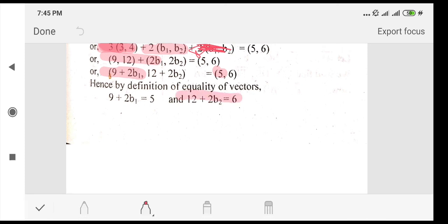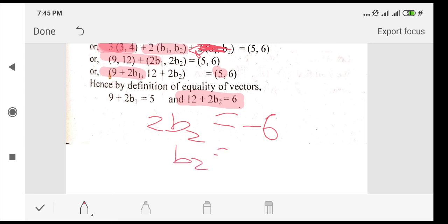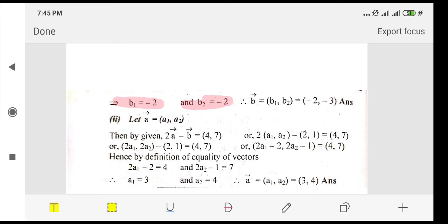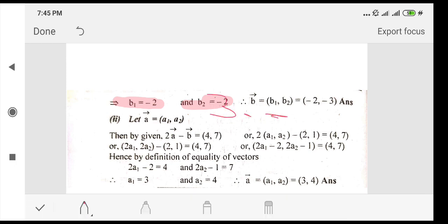If you calculate from here, 2b2 will be equal to 6 minus 12, which is -6. So b2 will be equal to -3. Okay, fine. Let me correct it. So b2 will be equal to -3, and vector B, which is (b1, b2), is equal to (-2, -3).